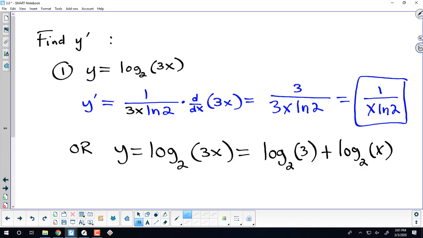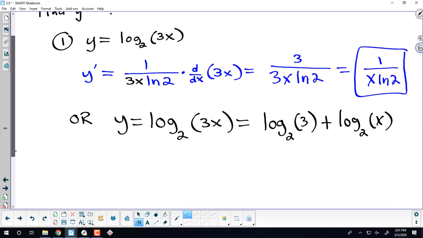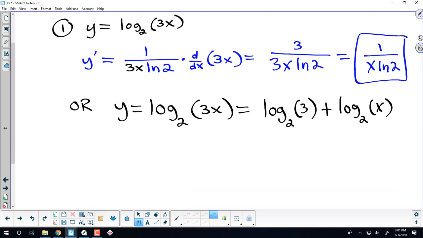So then we could say, instead of taking the derivative of log base 2 of 3x, I can take the derivative of the log base 2 of 3 plus the derivative of the log base 2 of x. What's the derivative of the log base 2 of 3? 0. Do y'all agree? Log base 2 of 3 is a constant. Remember, that's just 2 to what power equals 3. Derivative of the log base 2 of x: there's no chain rule here. We can just say it's 1 over the argument times the natural log of the base. 1 over x ln 2 is what we have here.